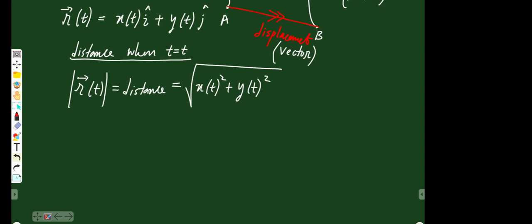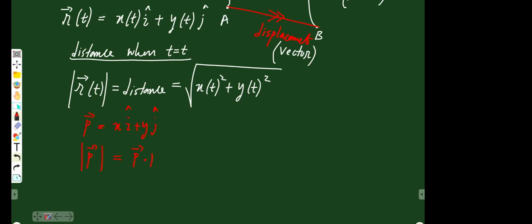So it's very similar to our vectors. If you have a vector p as xi plus yj, right? So what is the p vector magnitude? You remember?